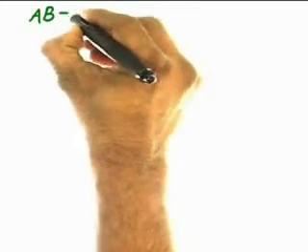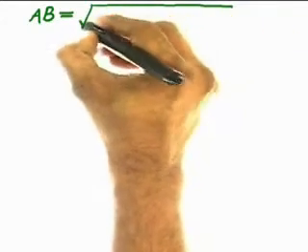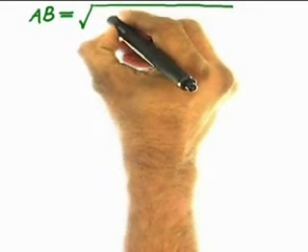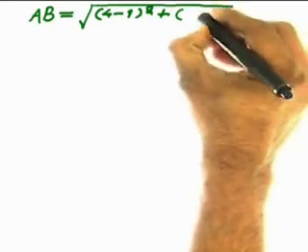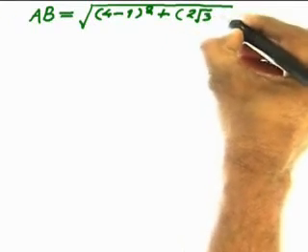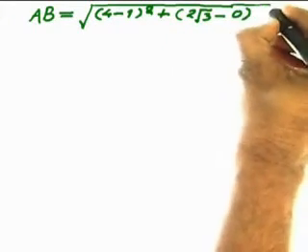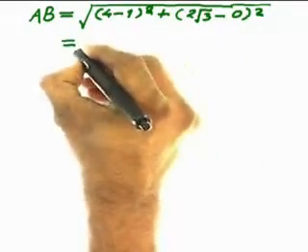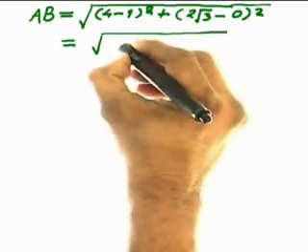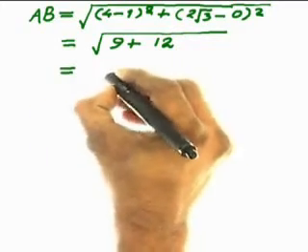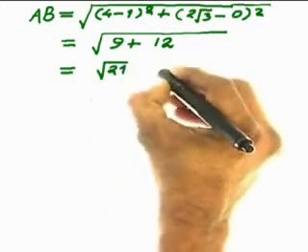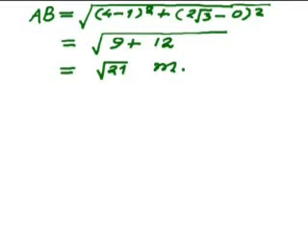So by putting these values into the relation AB equal to under the root of (x2 minus x1) square plus (y2 minus y1) square, as x2 is 4 minus x1 is 1 square plus y2 is 2 times root 3 minus y1 is 0, it's a square, so it becomes under root of 9 plus 12, or it is equal to under root of 21 meters. It is the displacement.